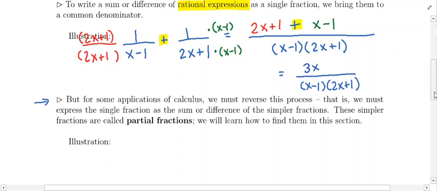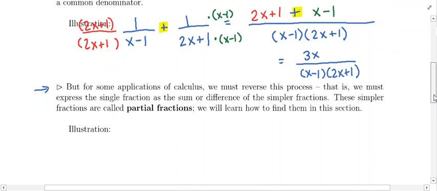An example would be what we just did, but reversing the process. You would be given the single fraction. You would start with 3x over x minus 1 times 2x plus 1.